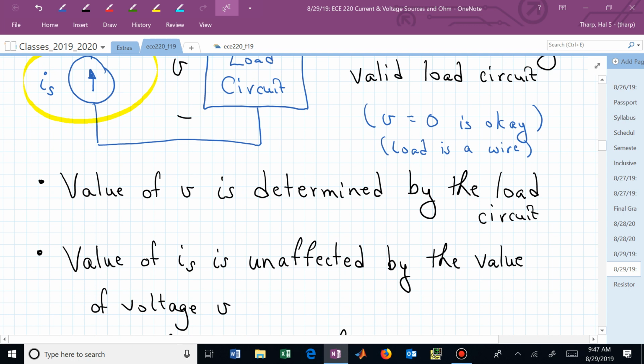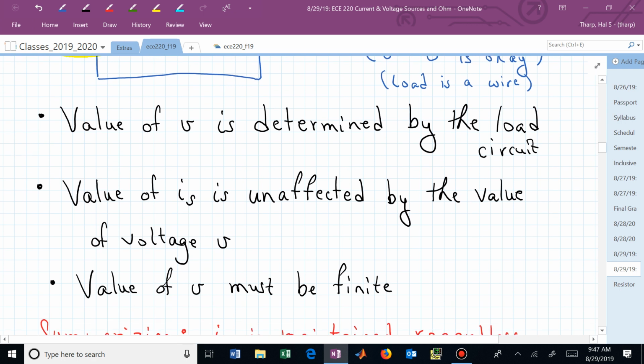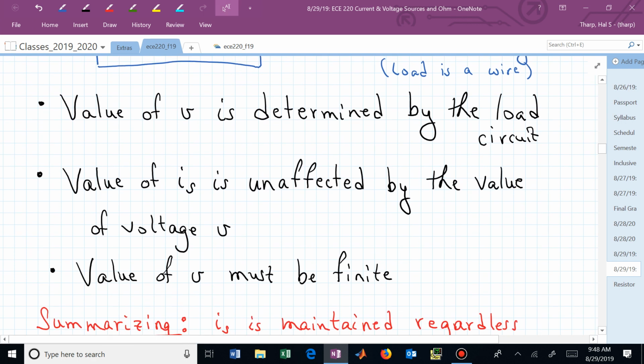The current being supplied by that source is not influenced by the value of the voltage V, or by the load circuit. Whatever you're asking of that current source, it's going to give you. Granted, all of that assumes that V is finite. If V goes to infinity, we're no longer dealing with the ideal current source.